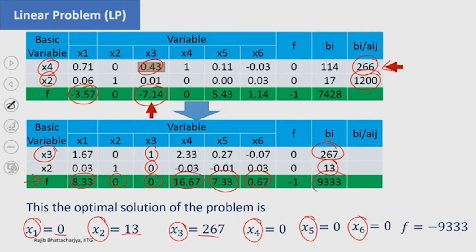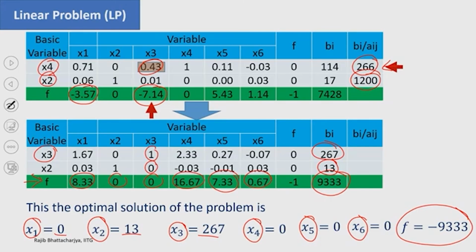And what is the objective function value? The objective function value is minus 9333. So, that is the objective function value.